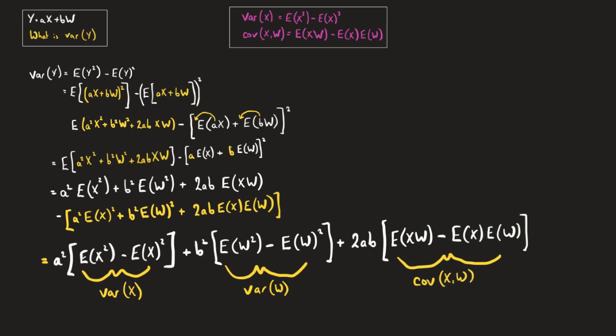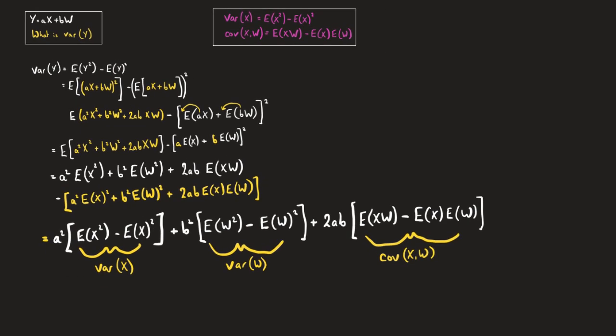So we can rewrite the variance of y as just being equal to a squared times the variance of x plus b squared times the variance of w plus 2ab times the covariance between x and w.